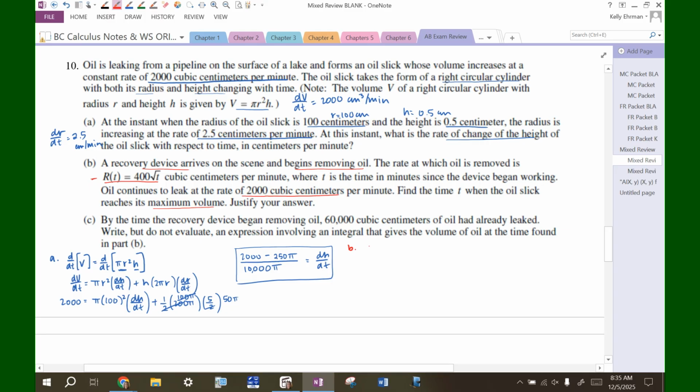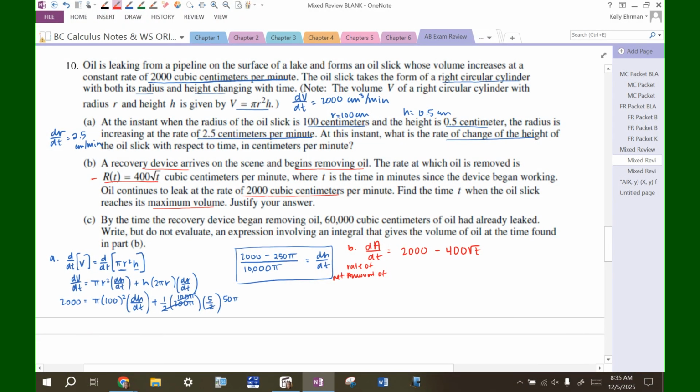And the rate at which the overall volume changes, instead of dV, let's call it dA for amount, is equal to the amount coming in, 2,000, minus the amount coming out. I'm saying that wrong, sorry. The rate at which the amount is changing, this is like the rate of amount of oil left.